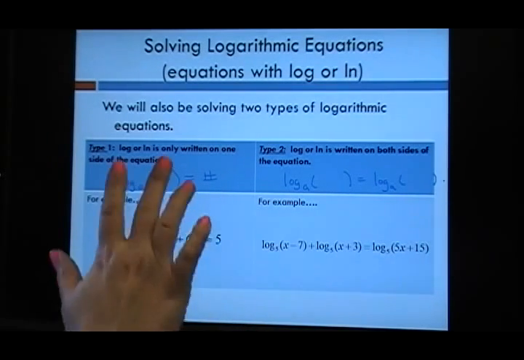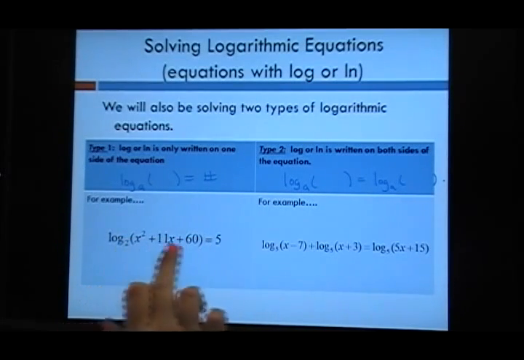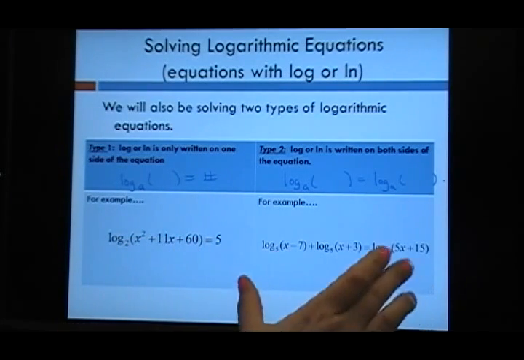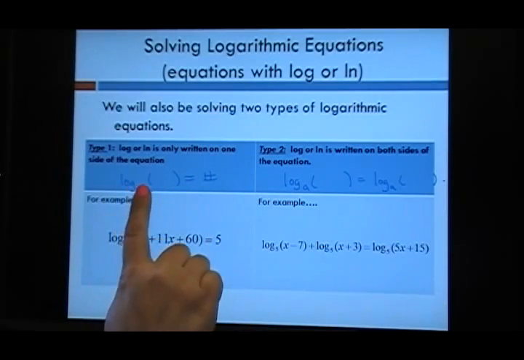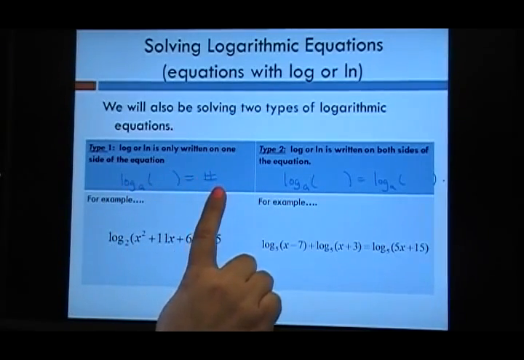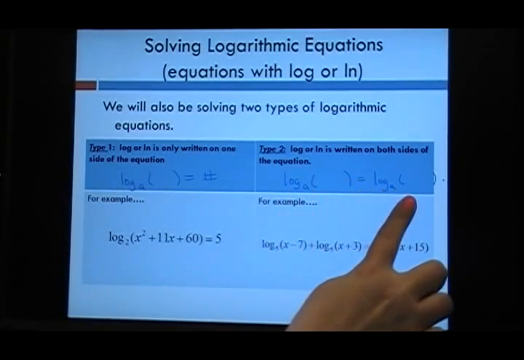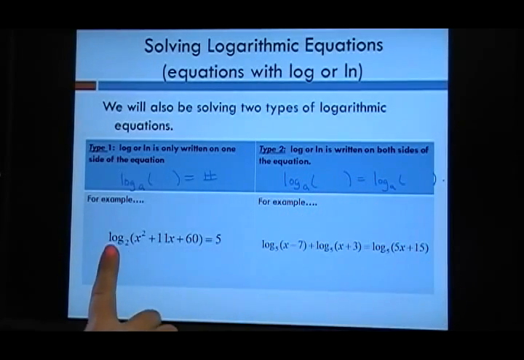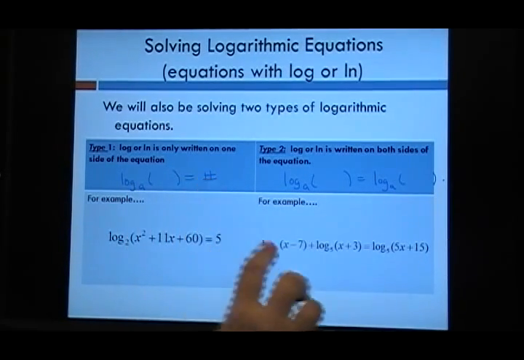So anytime you're working to solve logarithmic equations, if you see logs, your first thought has to be, okay, can I get this into the form log of something equals a number, or can I get it into the form of log of something equals log of something? So here we can see this is of type 1.